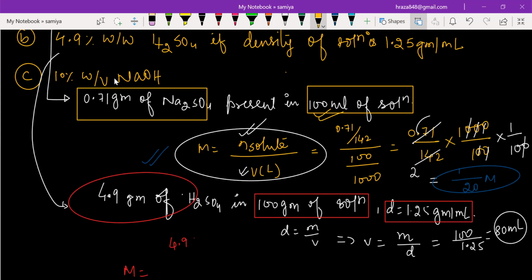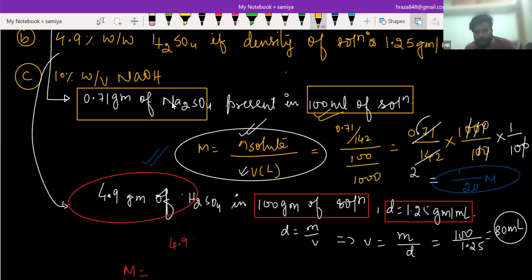Yes, sir. Like if the percent is given, then we'll know 100 gram is given. That's why I told you, whenever weight by weight percent, weight by volume percent, or volume by volume percent is given, just convert it into the whole sentence. Okay, sir. And you will get your answer.